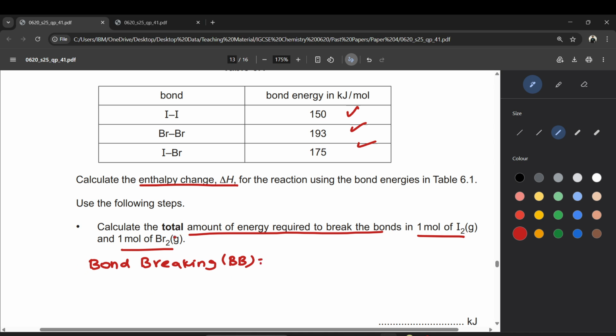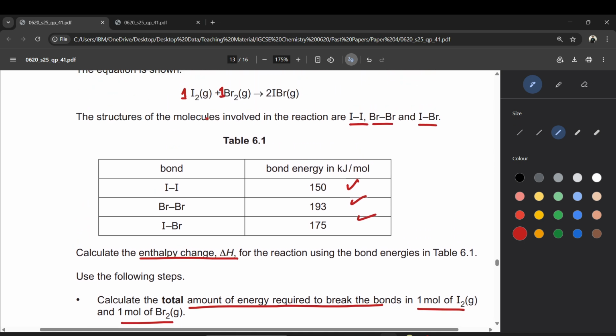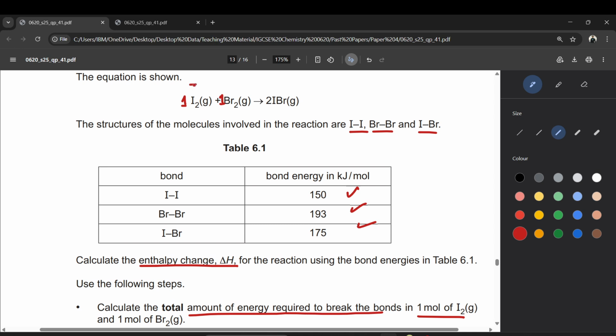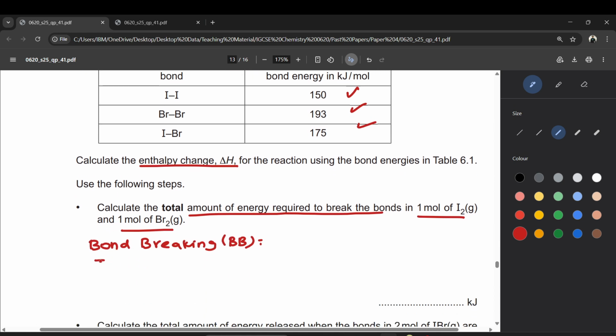On the reactant side, how many types of bonds do we have? We have an iodine to iodine bond, and we have a bromine to bromine bond. And how many of these types of bonds do we have? It's only one, right?